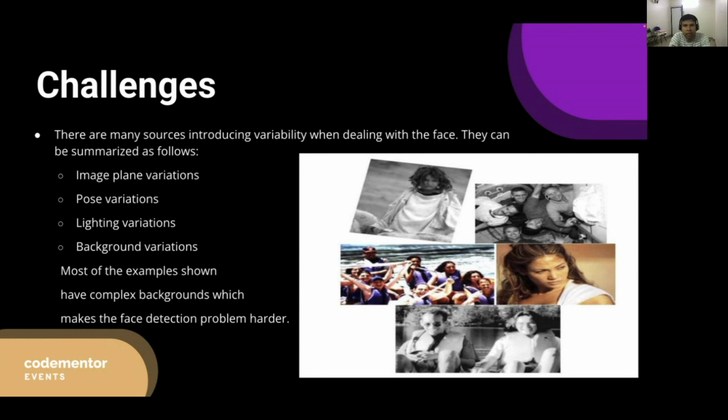Even this hand has a skin color, so it is a problem if we do it directly with skin color, although I am using skin color in my approach. The lighting variations are also very prominent, and it is not easy to detect the objects.